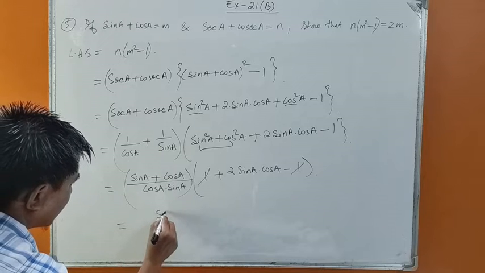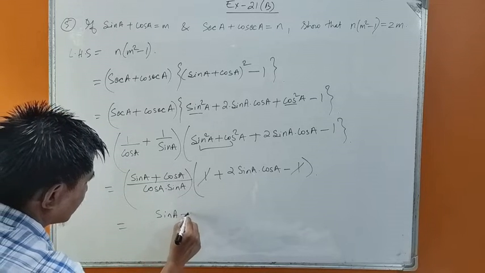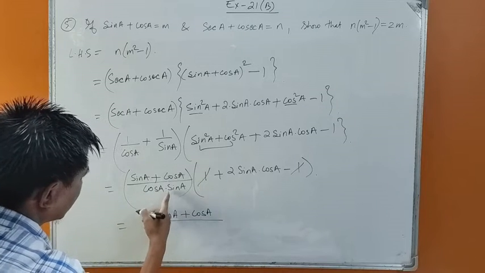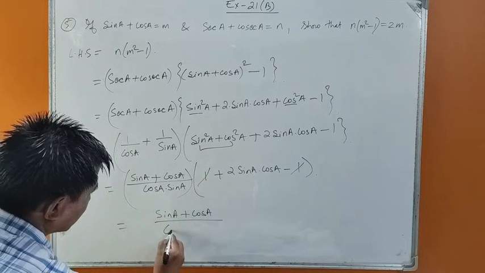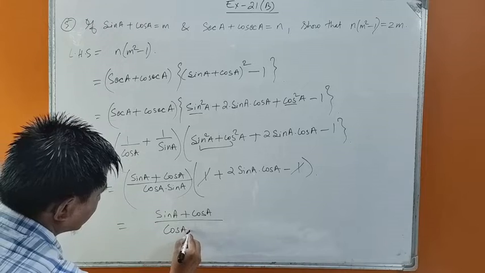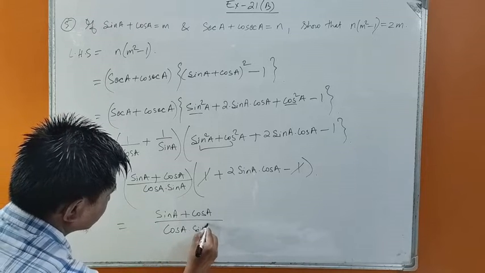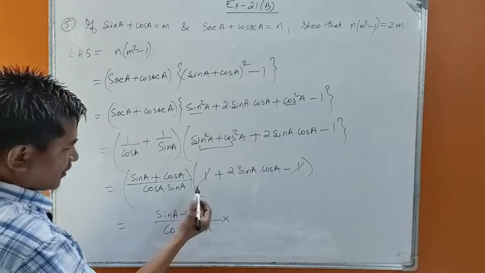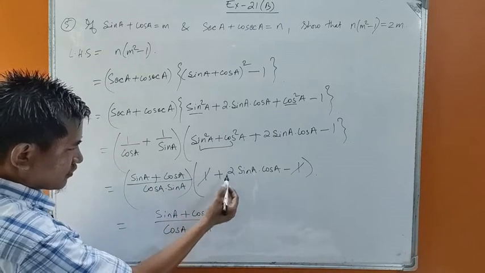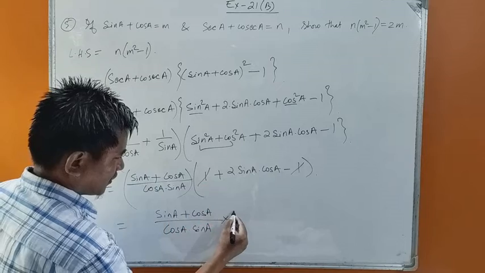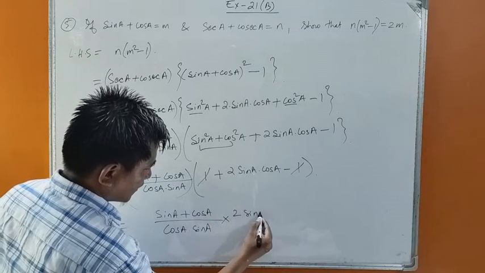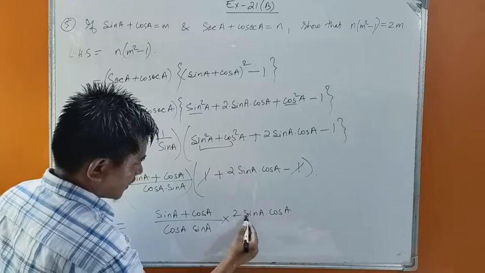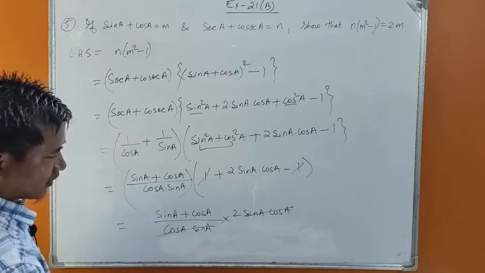So let me write this, okay. (Sin A plus cos A) whole upon sin A into cos A. Actually this could have been cancelled earlier, but I didn't cancel to make it clear, okay. This bracket means into, we have 2 sin A cos A, isn't it? So this sin A cos A and sin A cos A can be cancelled.